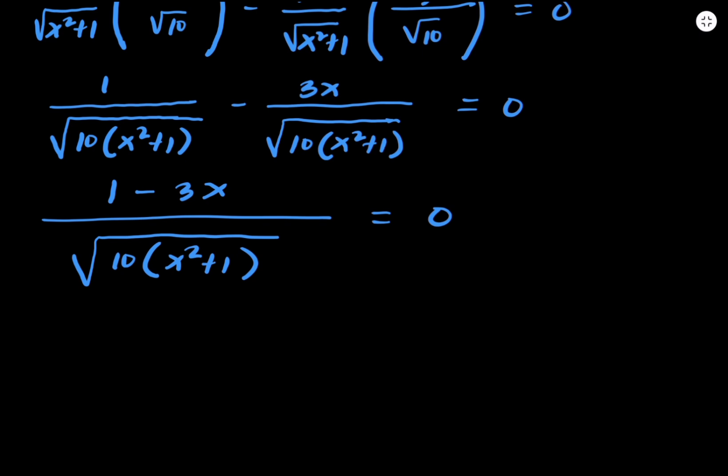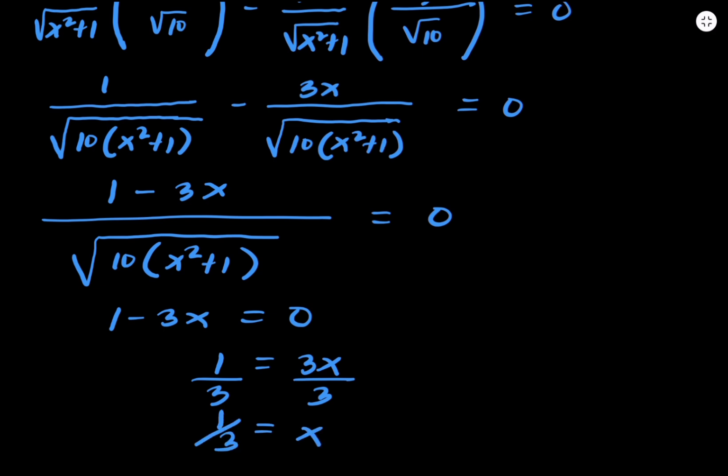Upon cross multiplication, the denominator must not be equal to 0, because if that is equal to 0, that will make it undefined, right? So we only have to consider 1 minus 3x equals 0. So solving for x, we have 3x equals 1, right? Or you can just transpose minus 3x to the right side: 1 equals 3x. And divide both sides by 3. So x is equal to 1/3. And that is our solution.